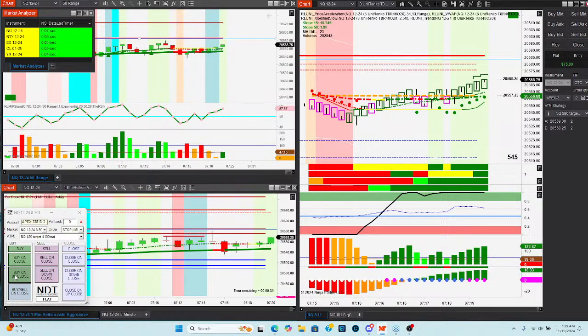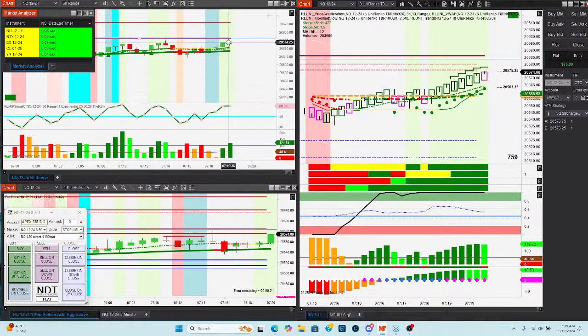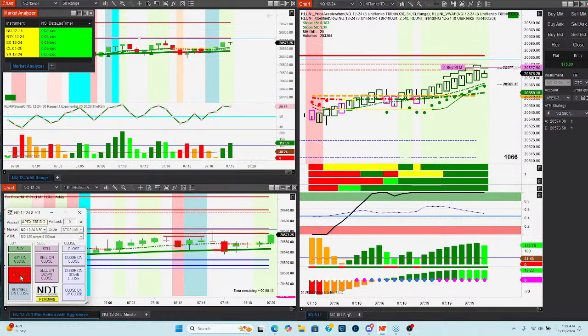Okay, now I'm going to start looking for a pullback here. But you know what? I got to get through this volume zone. Man, I like this. Order submitted. But I'm a little wary about taking this because it's bit me a few times.